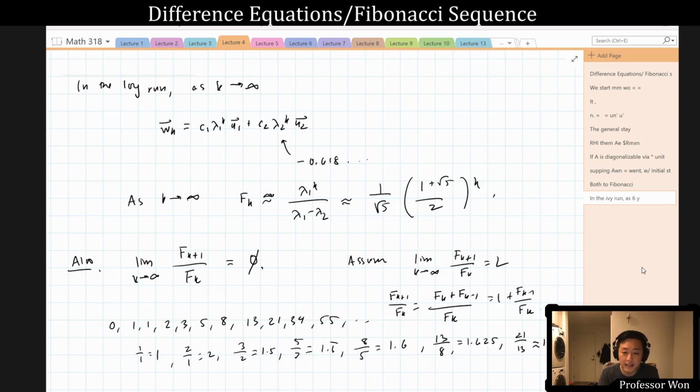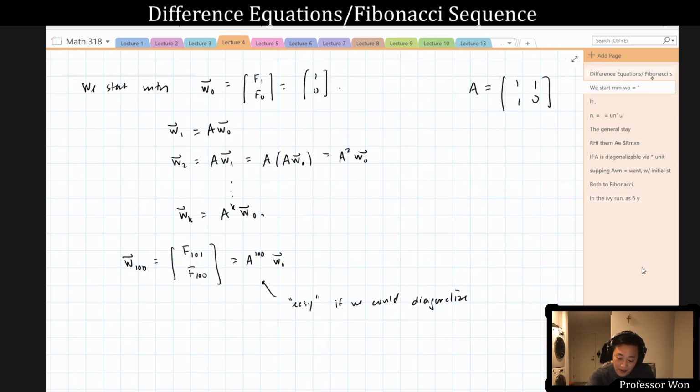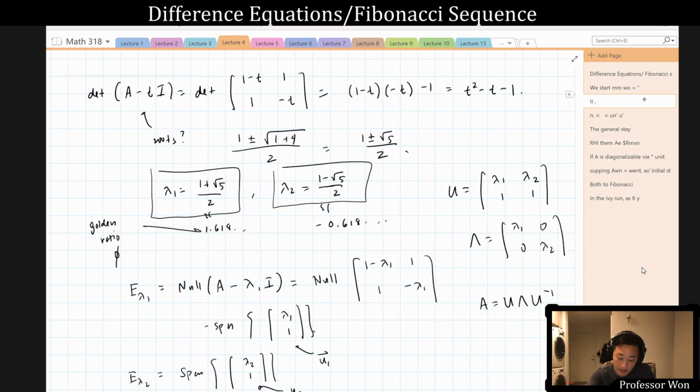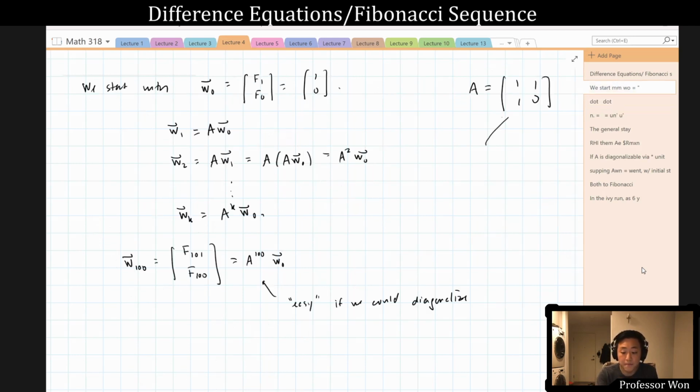And assuming that the limit existed, this would tend to 1 plus 1 over L. So if it has a limit, it needs to be a value of L such that L is equal to 1 plus 1 over L, which is the same thing as one of the solutions to L squared equals L plus 1. So L squared minus L minus 1, which is exactly the polynomial that we got, except with L plugged in, when we took the characteristic polynomial of this matrix.